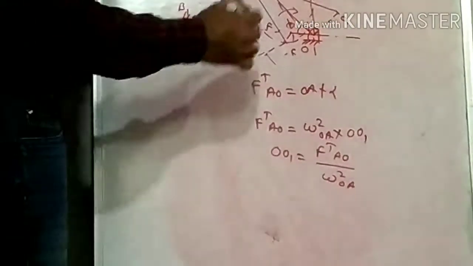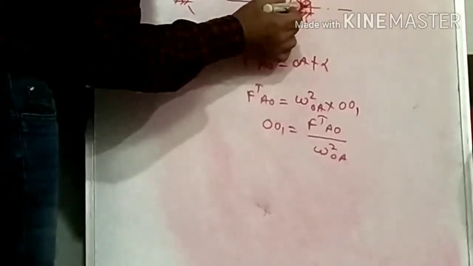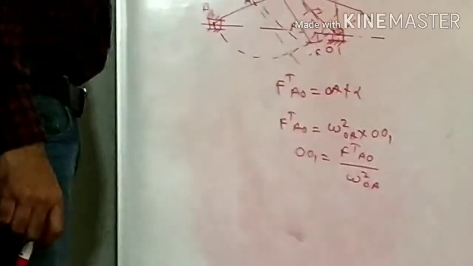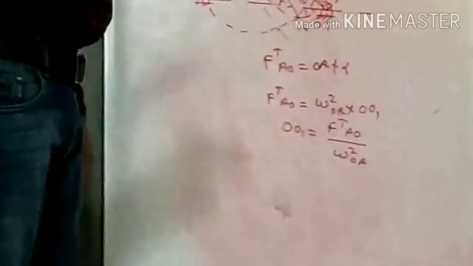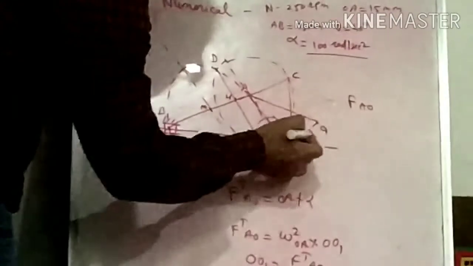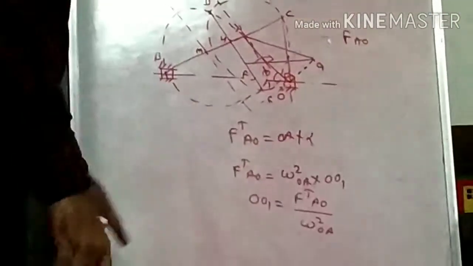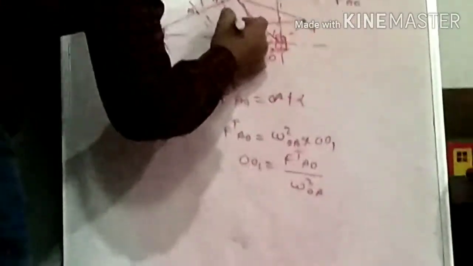Now what happens here? AO represents the radial component of acceleration of A with respect to O. OO1 represents the tangential component of acceleration of A with respect to O. Therefore, O1A represents the total acceleration of A with respect to O. Then draw a line from point A parallel to the line of stroke, that means draw a horizontal line from point A. Then this line intersects the line HF.